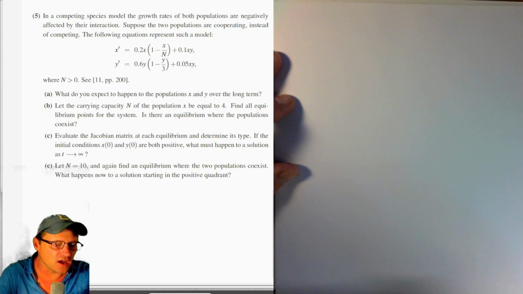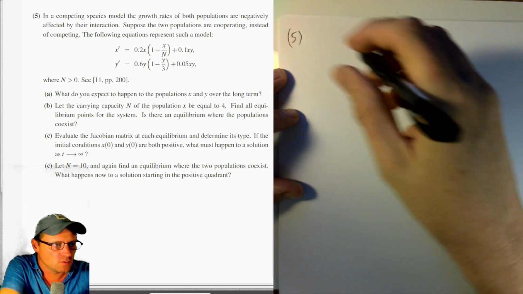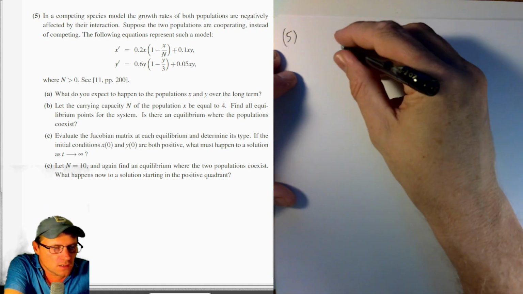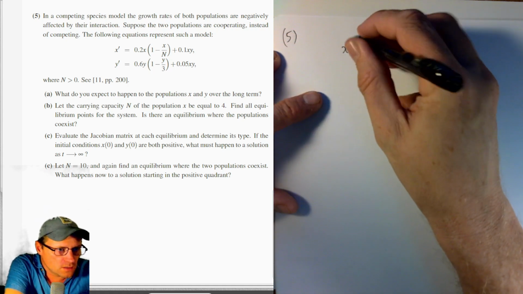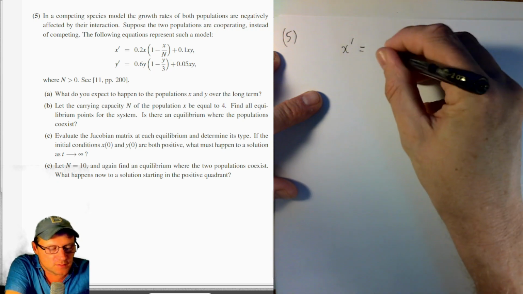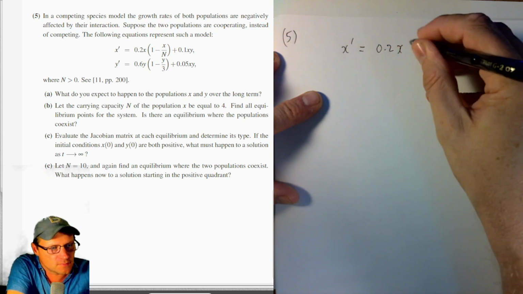Okay, question 5. We have two competing species whose populations are negatively affected by their interactions.